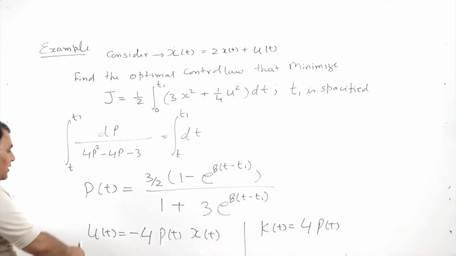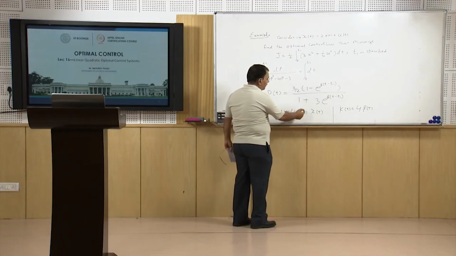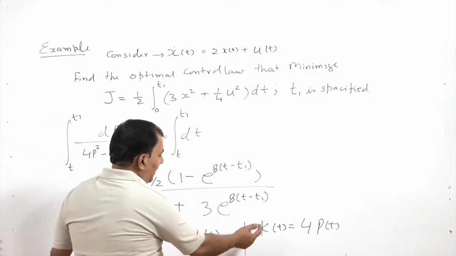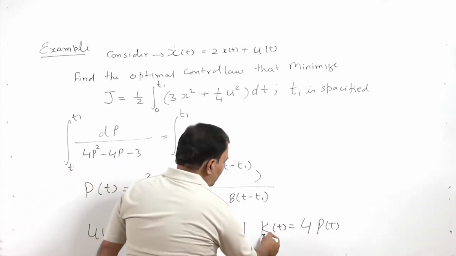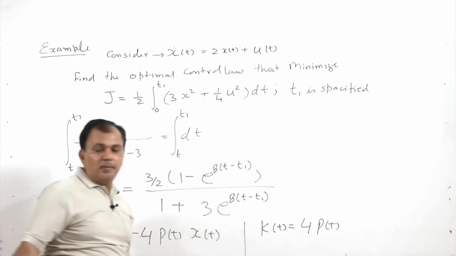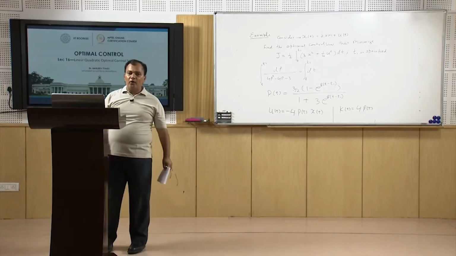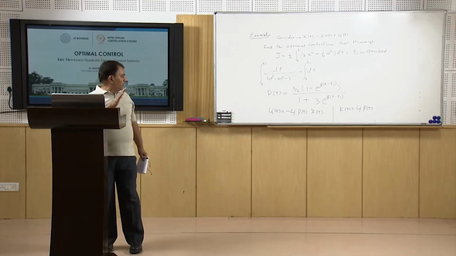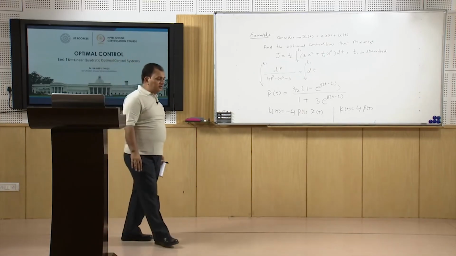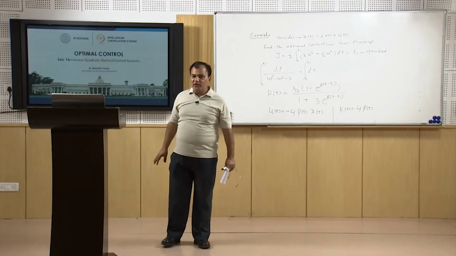So, this will give me my final control law. My u(t) is minus 4 P(t) x(t) and my K(t) is 4 P(t). In this way we can find the solution of the matrix differential Riccati equation.